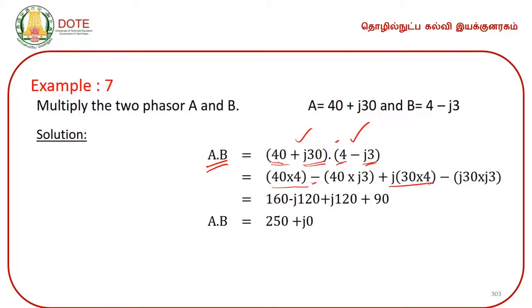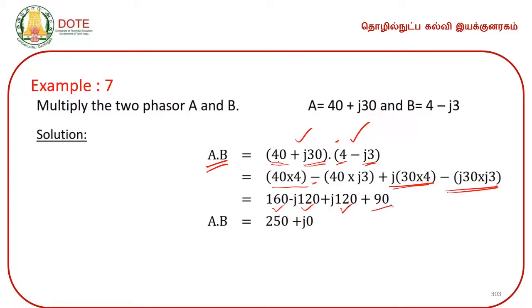So, j into 30 into 4, then j 30 into minus j 3. Taking this minus out, j 30 into j 3. Now, 40 into 4 is 160, 40 into j 3 is minus 120 j, 30 j into 4 is plus 120 j.